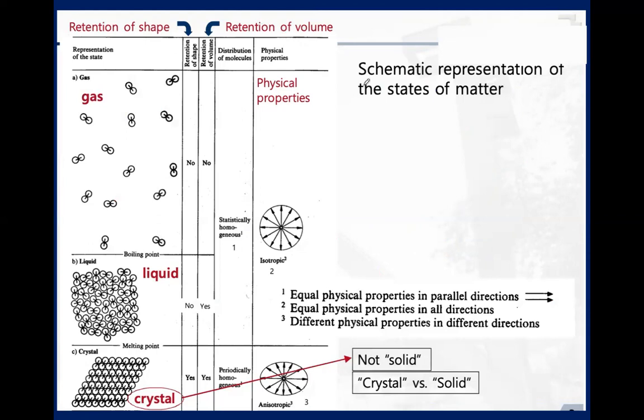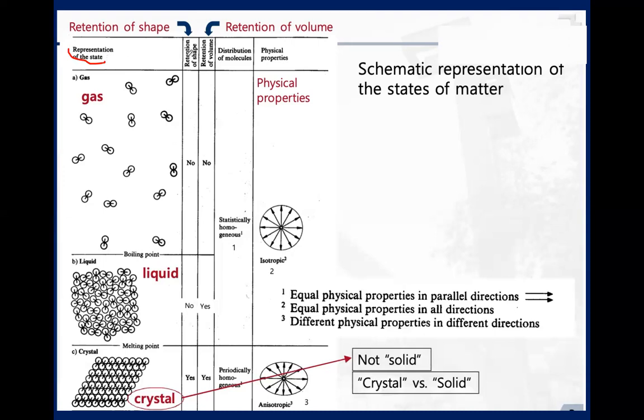Okay, and now let's see the physical differences between solids, gases, and liquids, right? You know all these details already, but in terms of crystallography, it's important that you remind yourselves. The first column shows the representation of the state, that means whether it is gas, liquid, or crystal.